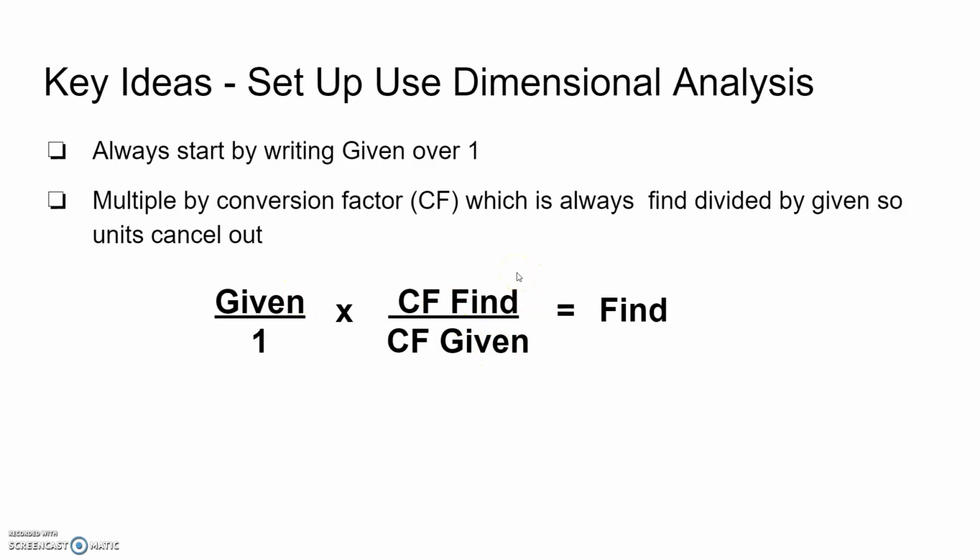So whatever part of your conversion factor contains the units of your find will go on top, in the numerator of that second fraction, and whatever part has the units of your given will go in the denominator, or the bottom. Then you can do the math by multiplying fractions, and you've got your answer.